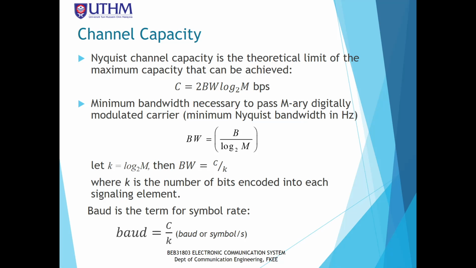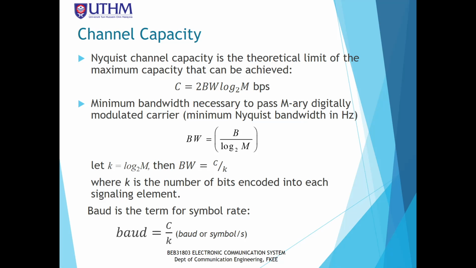If the transmitter transmit more than the channel capacity, what happen is that the receiver will not be able to decode the transmitted signal. Maka akan berlaku error yang sangat besar. Okay, so that's the theory about the capacity.